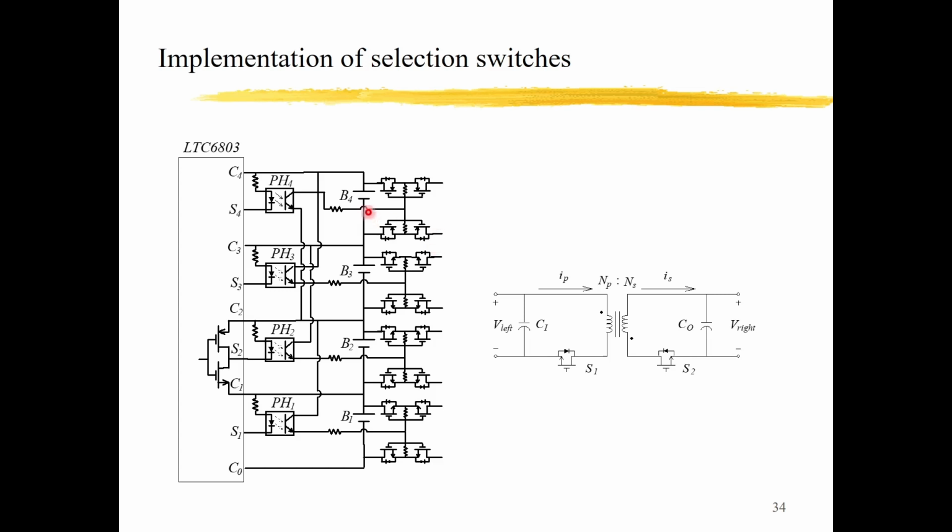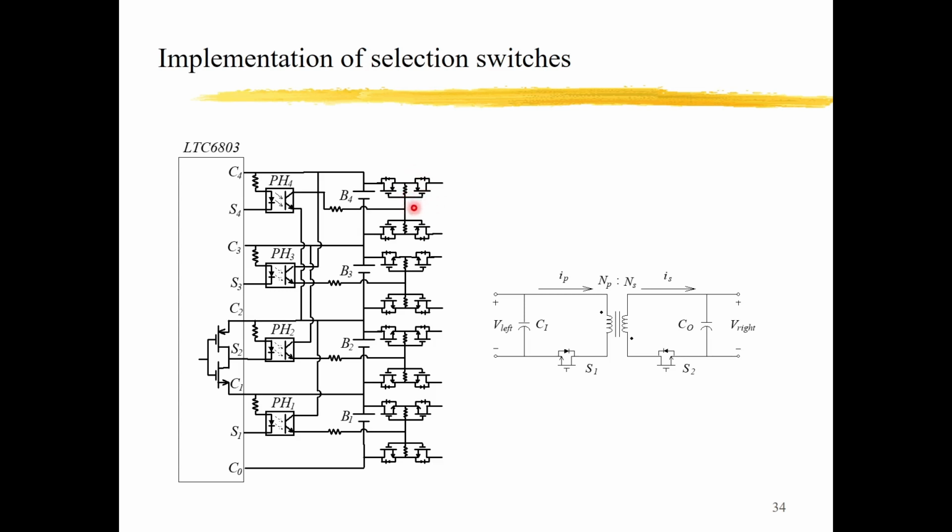What I mean is, if these are MOSFETs, then for each MOSFET we have to provide a suitable VGS. VGS means the gate to source voltage. Okay, we have to supply a suitable VGS for each MOSFET. Then we can turn on the MOSFET switch.